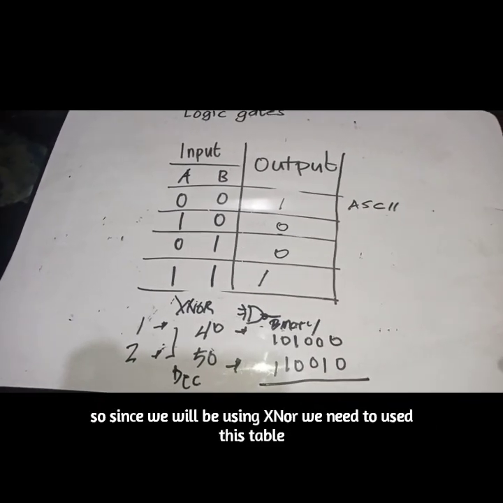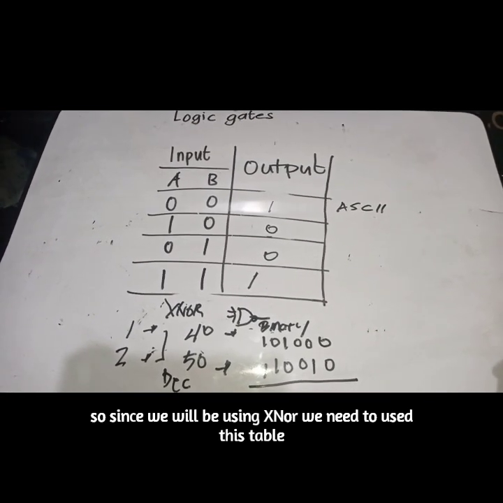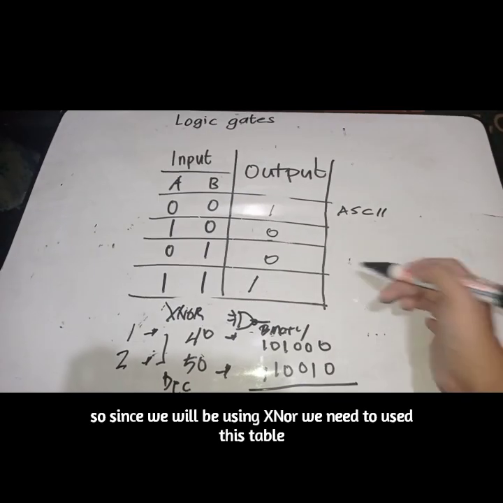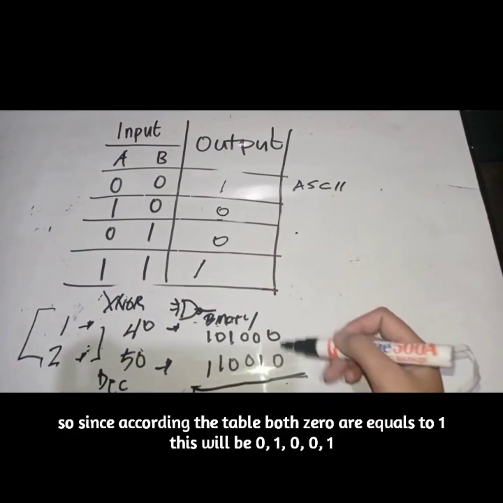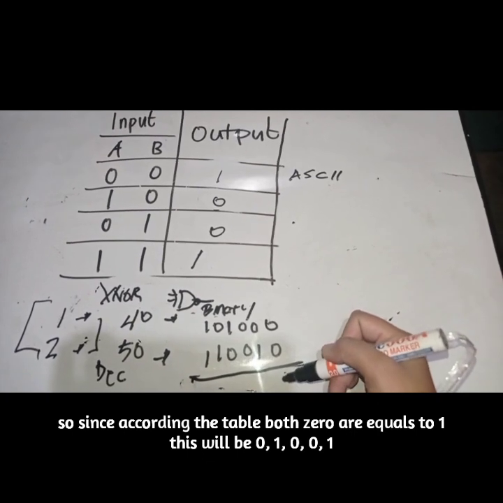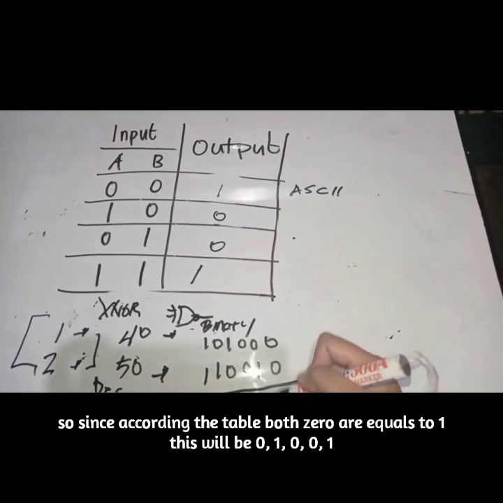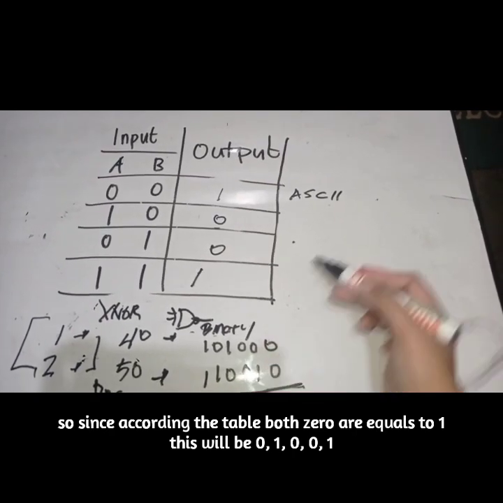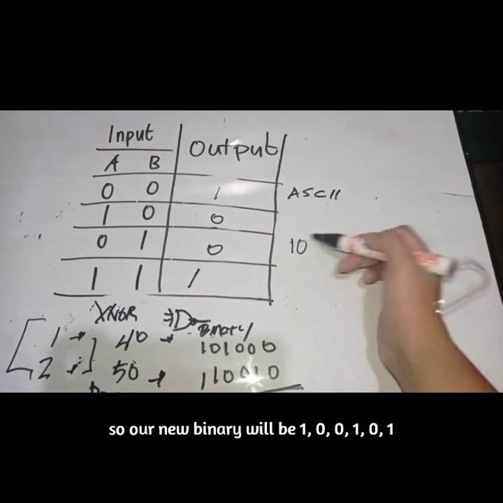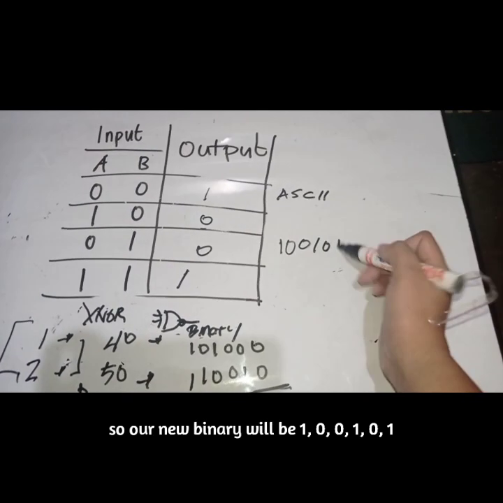So since we will be using XNOR, we need to use this table. So according to the table, both zeros are equivalent to 1, this will be 1, this will be 0, 1 0 0 1. So our new binary will be 1 0 0 1 0 1.